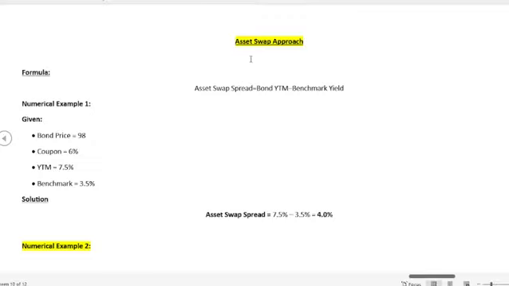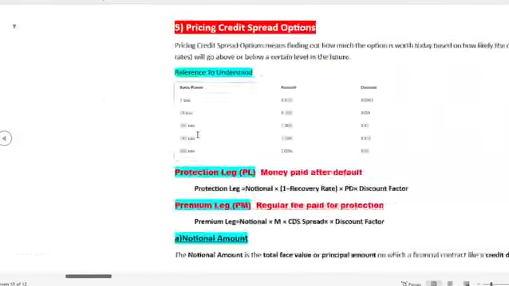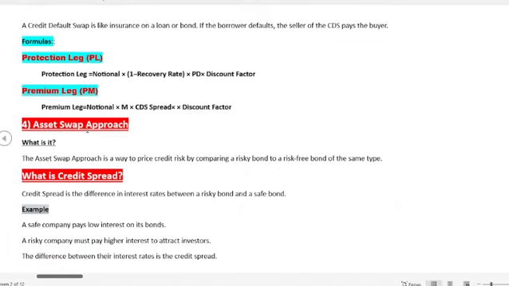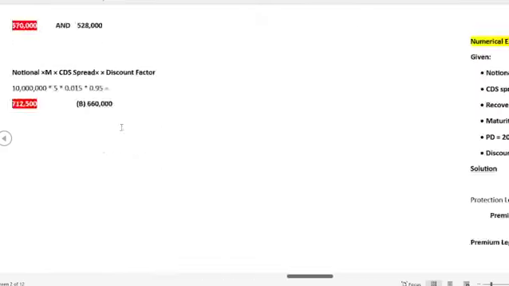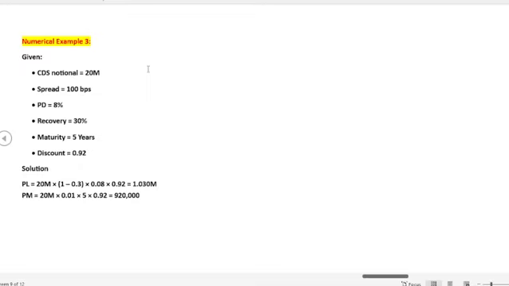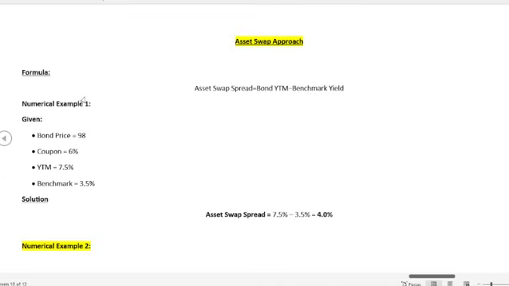Next topic is the asset swap approach, which is topic number 4. Let's see what the asset swap approach is. The formula is: asset swap spread equals bond YTM (yield to maturity) minus benchmark yield.